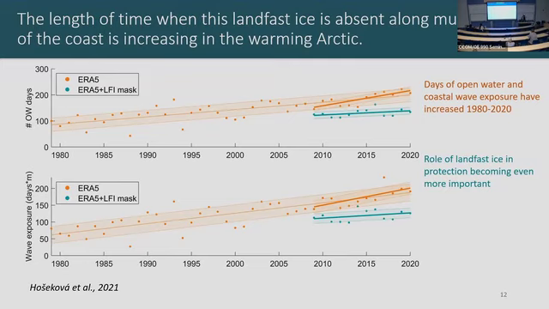This raw product from ERA5 reanalysis is not accounting for the landfast ice at the coastline though. When we then include an adjustment for the presence of landfast ice, which is now shown in teal, we really reduce that slope in the change in open water days and the coastal wave exposure. And what that suggests to me is that the role of landfast ice protection is becoming even more important with this rapid change in landfast ice.